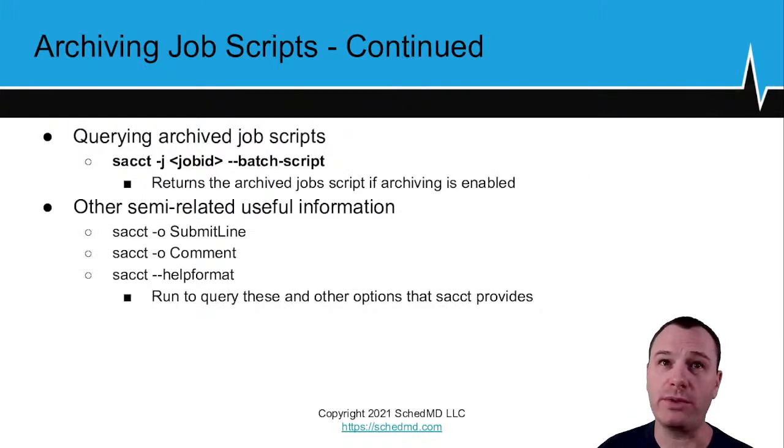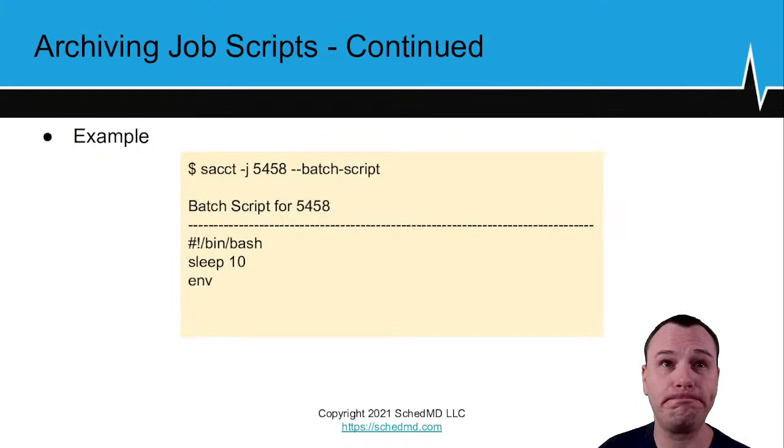To query the job script, you'll need to specify the option --batch-script with sacct. Other semi-related options here are the fields, submit_line, and comment lines, which you can access with the sacct -o option. You can view more options with sacct --helpformat for these and other options available to you.